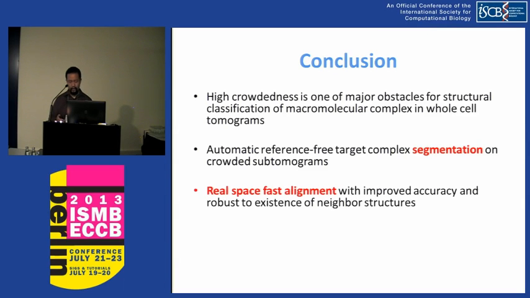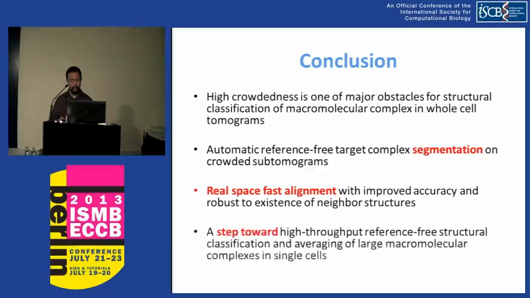And then we also propose a real space fast alignment method with improved accuracy. And most importantly, it achieved robustness to the existence of neighbor structures. This work represents a step toward high-throughput, reference-free structure classification and averaging of large macromolecular complexes in single cells.